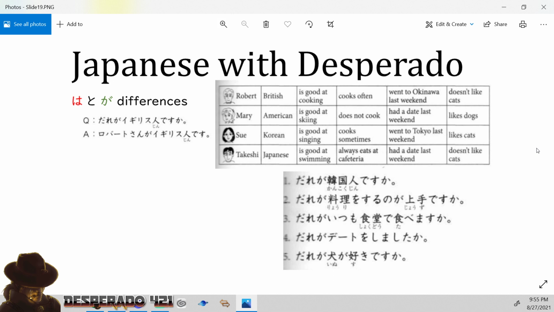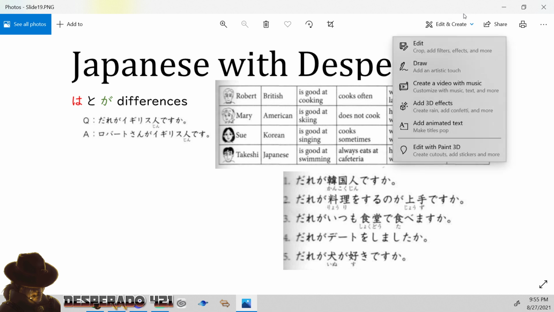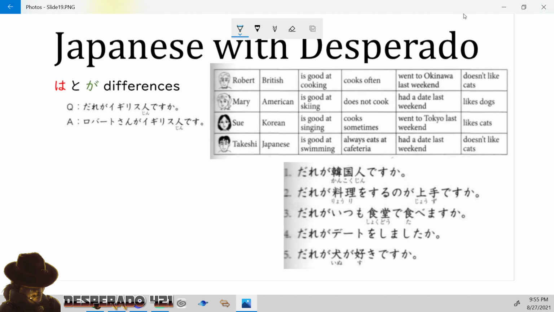So if I go and ask these questions here, this number 1, we're going to look at this page here, and it says, Dare ga Kankokujin desu ka? It's important that there's the ga here. Dare ga Kankokujin desu ka?